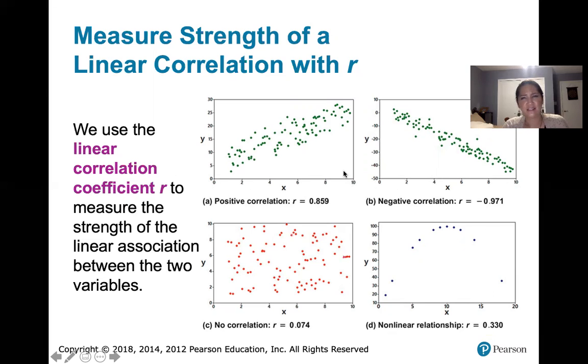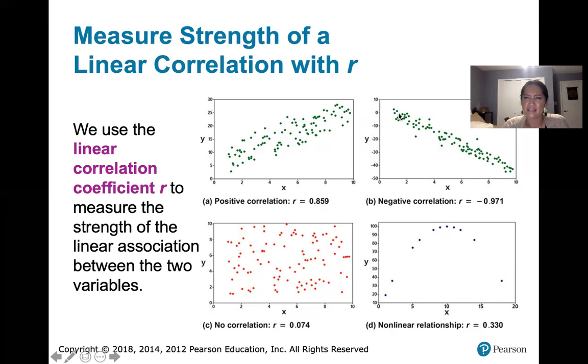As x increases, y increases. I could imagine drawing a line through all of those data, and that line would have a positive slope. So this would indicate a positive correlation. And if we compute r, the formula would give us 0.859.